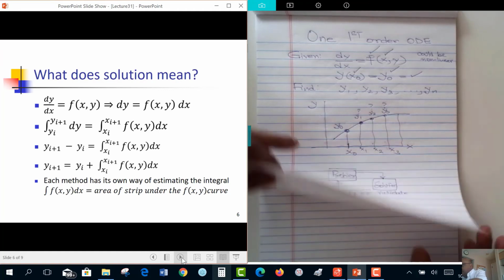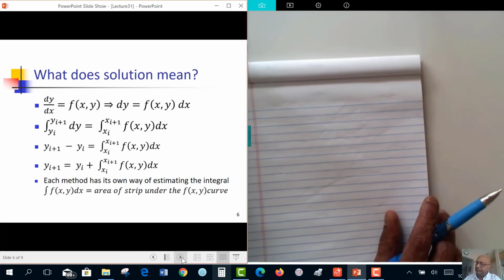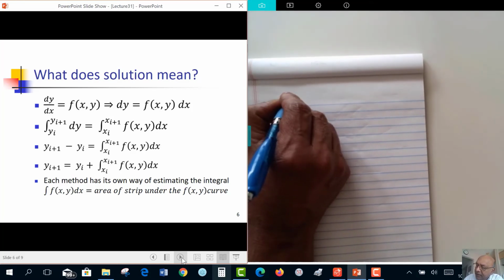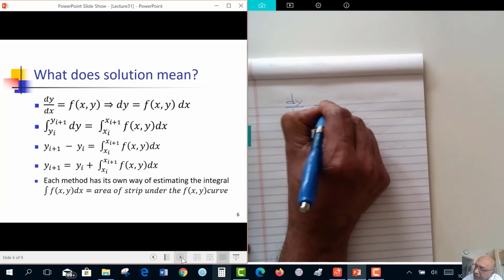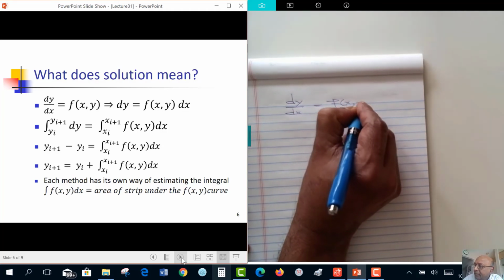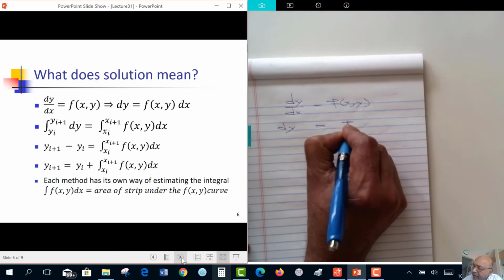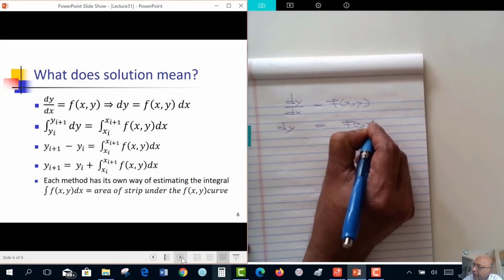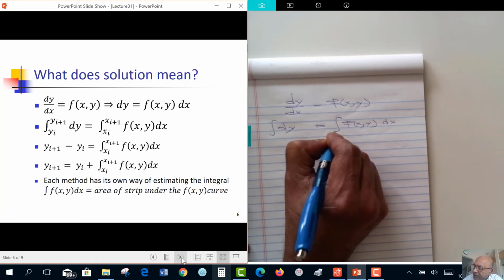So let's see, what does a solution mean? We say we are given dy dx is a function of x and y. So what we can do is write dy is f(x, y) times dx. We can integrate both sides.